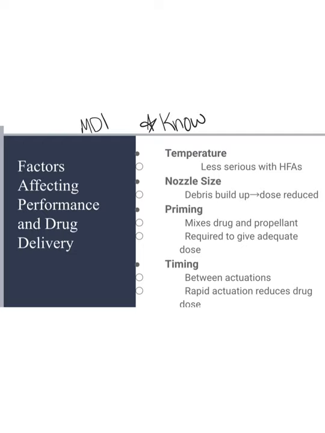Priming is the next factor that affects performance. What priming does is mix the drug and the propellant. If they're not priming it, they're going to get more propellant than drug, and it's not the appropriate dose. So priming needs to be done every 24 hours.